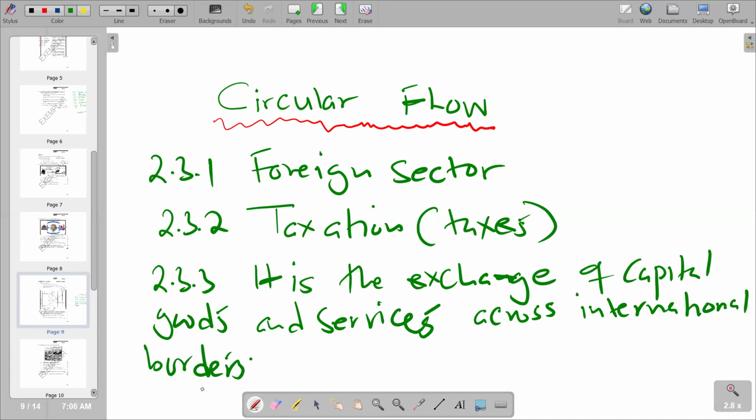So this is the definition that we have of foreign trade.